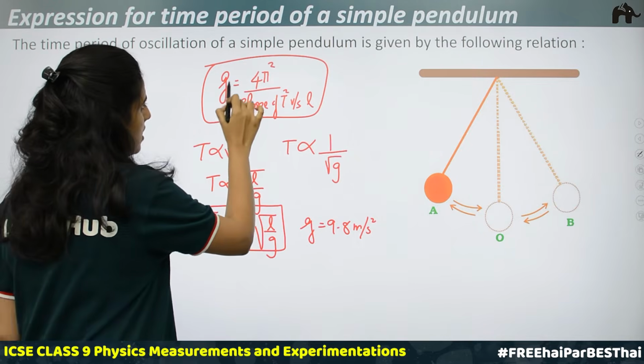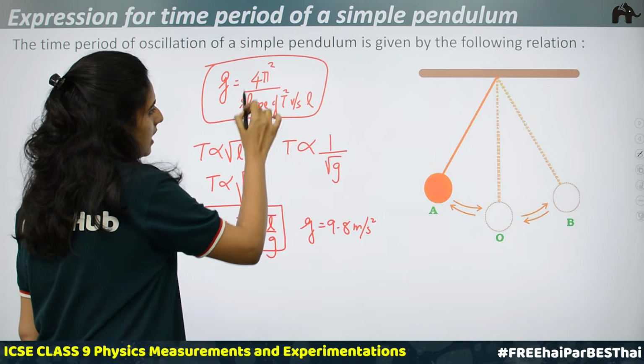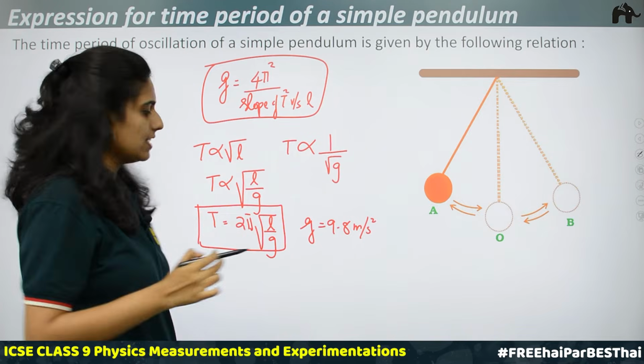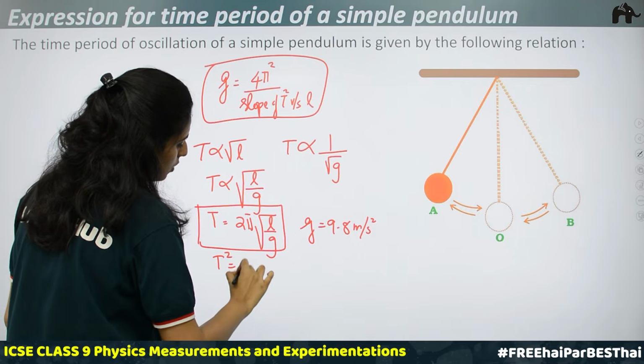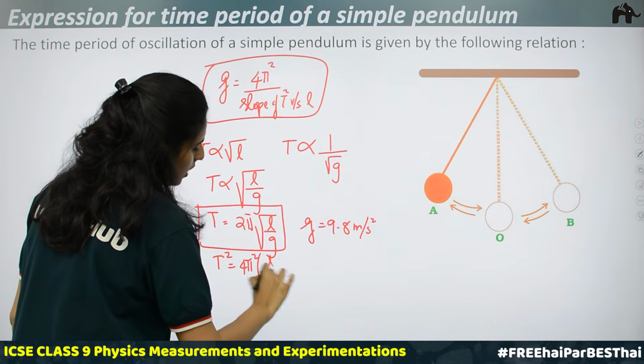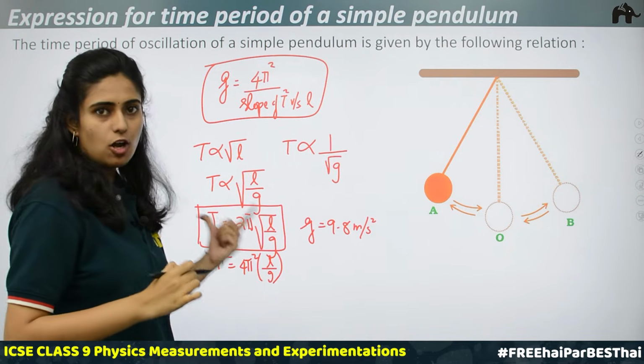Here we got g is equal to 4 pi square divided by the slope of T square versus L. So, this can be written as T square is equal to 4 pi square into L divided by g. I am squaring on both sides.